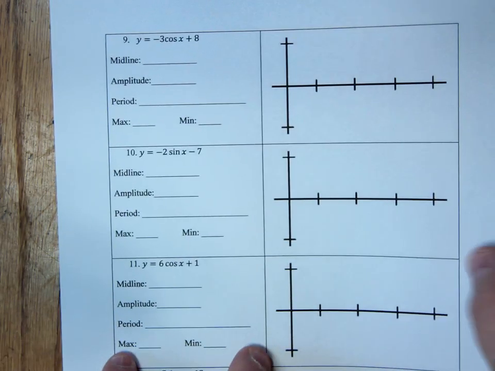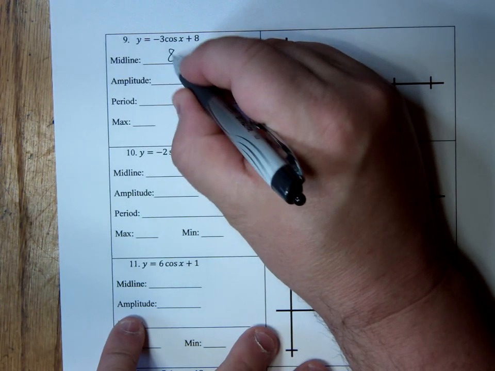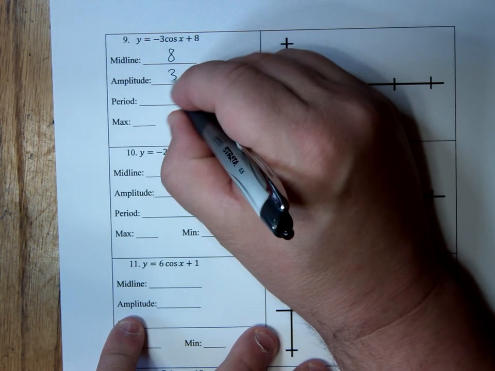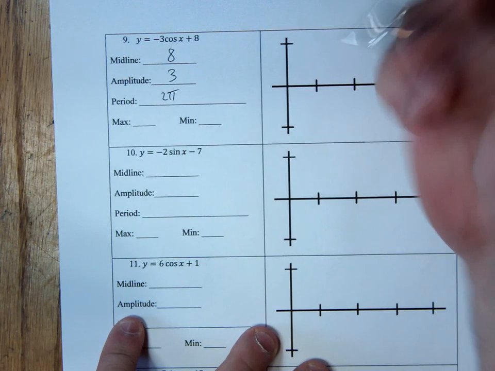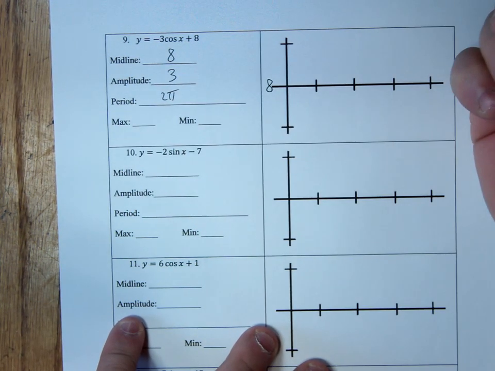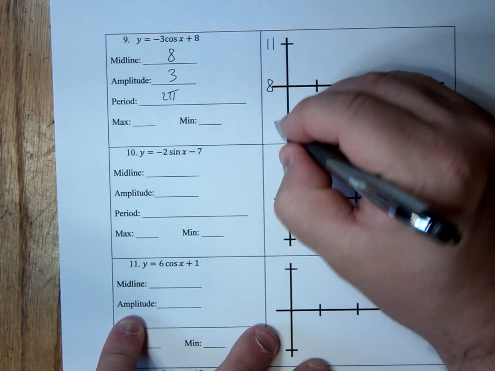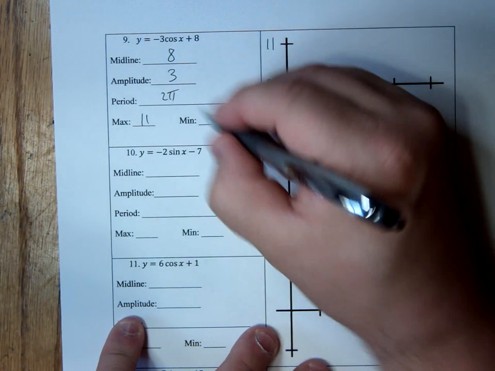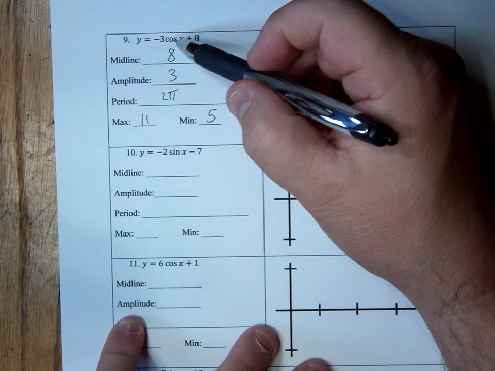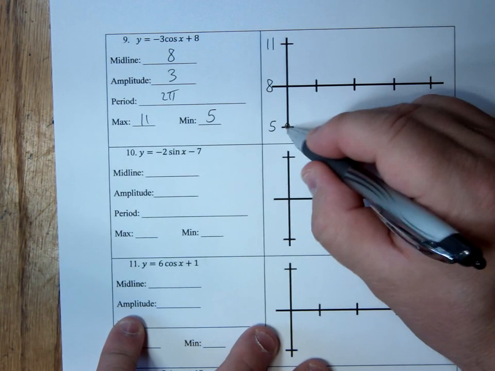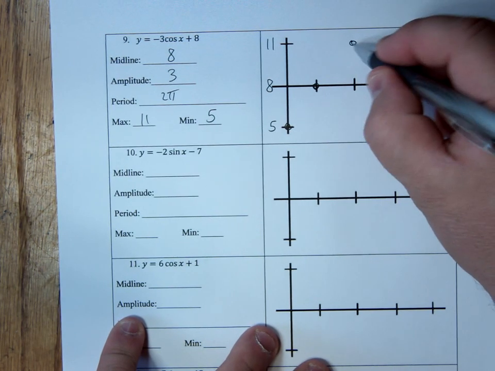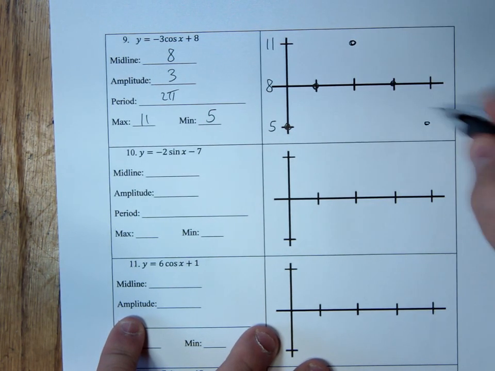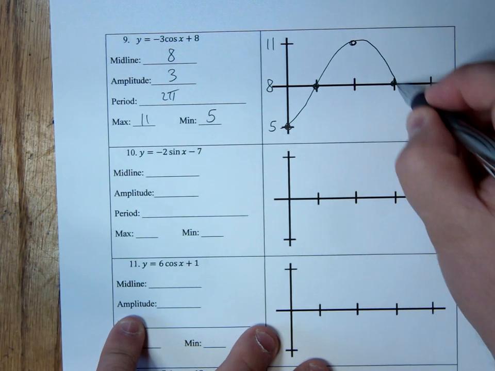Number 9, midline at 8, amplitude is 3, 2 pi is the period. Go up 3 to 11, down 3 to 5. So 11 and 5. Negative cosine starts at the bottom. Middle, top, middle, bottom. Look like that.